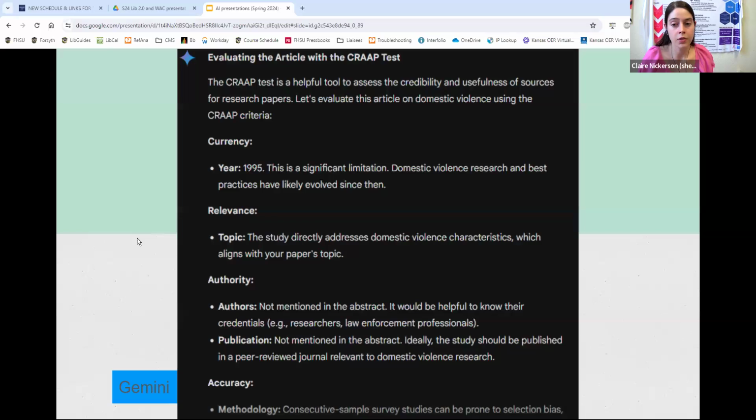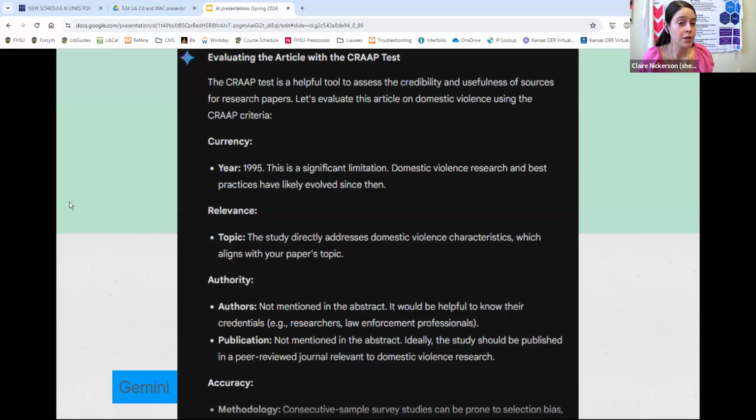Google Gemini also applied the criteria, but it was more succinct. It gave me just brief bullet points. And I wasn't able to fit the entire response on this slide, but it then provided an overall assessment of the article that said this article is a little bit old, and there's a potential selection bias in the study participants.